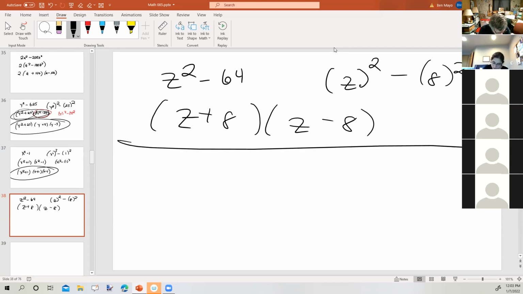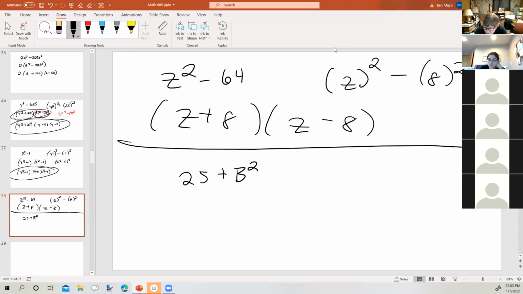How about this one? 25 plus B squared. Is that the difference of two squares? No. Is it the sum of two squares? Yes.